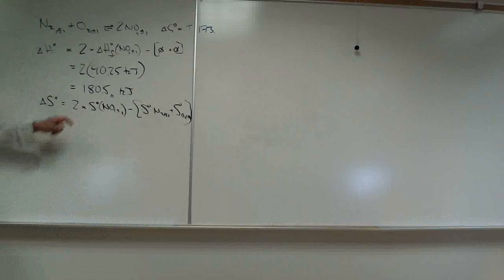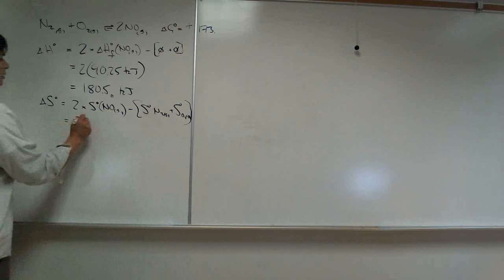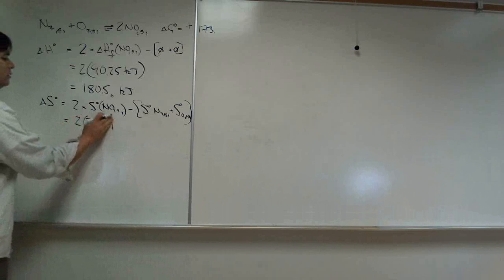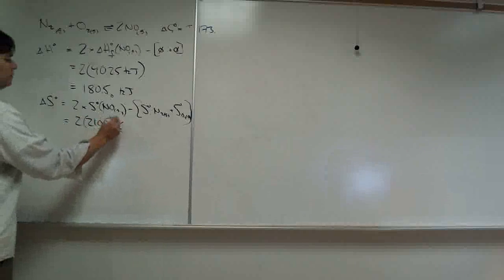We have to double the NO because we have twice as many moles, so what does it come out to? The S for NO is 210.8. 2 times 210.8. Units here would be joules per Kelvin.